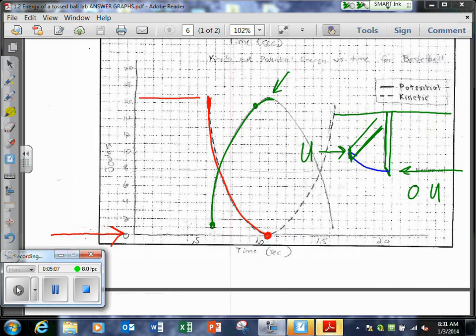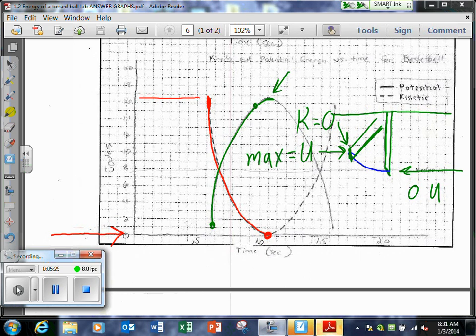So if this is the highest point, this would be the biggest potential that you'll get. Now, right as it gets to that height and turns around, what's the velocity going to be? 0. So at this point, the kinetic energy is 0 because there's no movement for that instant. Potential energy is the max it can be.